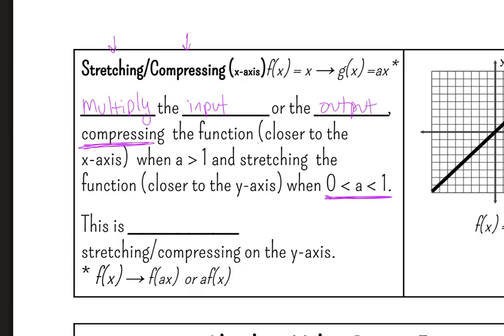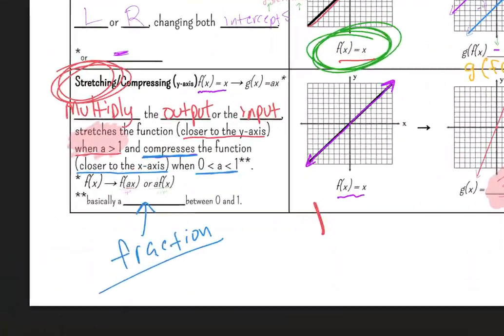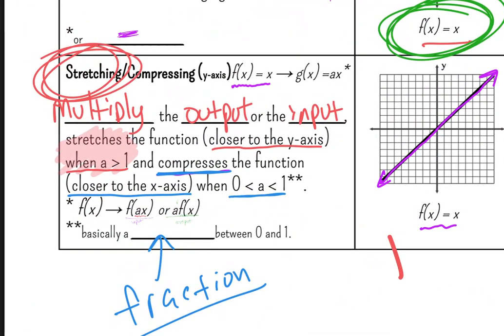Yeah, see here it is, closer to the x-axis. Sorry, my eye caught that and thought that that was the right one. If you're compressing, you're closer to the x-axis. When you were stretching, it's closer to the y-axis.